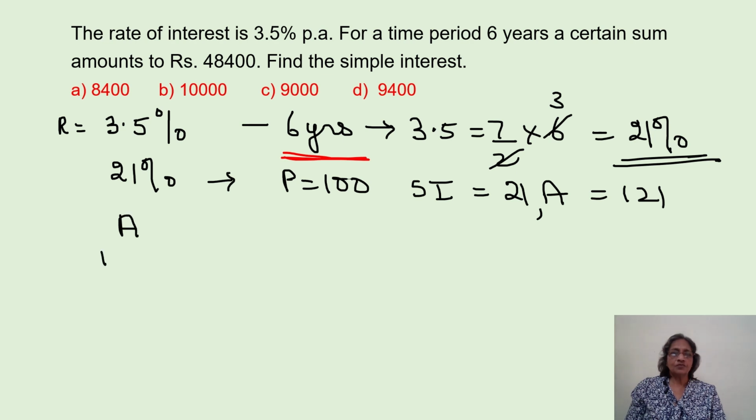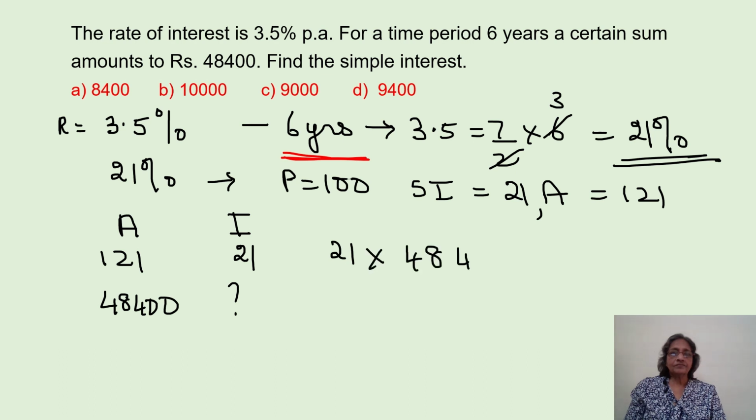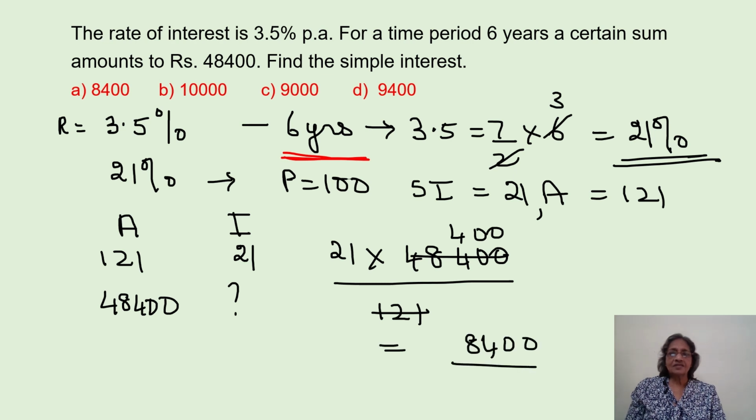So if the amount is 121, what I need to find is the simple interest. The simple interest is 21. Putting the value here, how much is this? This goes directly 4 times. Answer is 8,400.